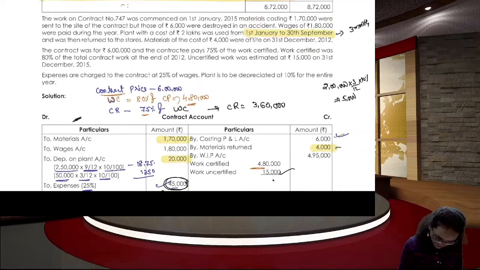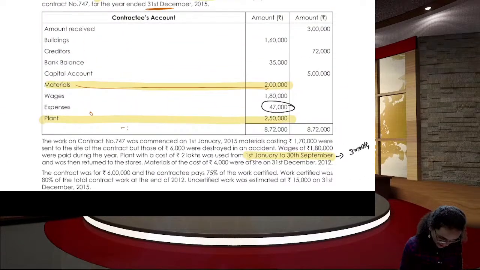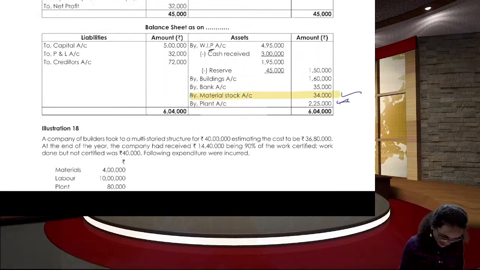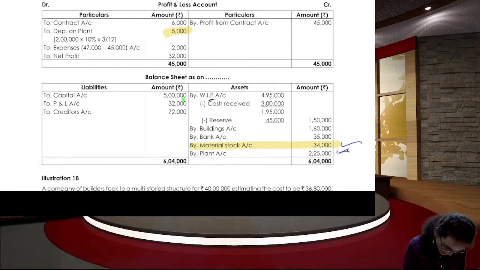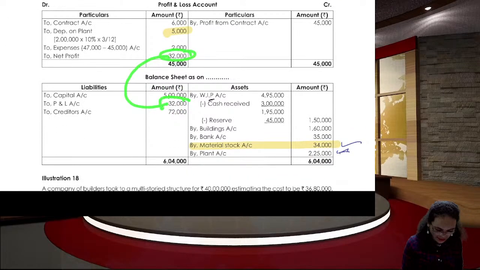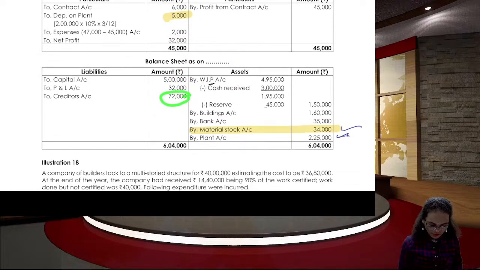Creditors 72,000. So creditors value we got, and this 32,000 is from this P&L, current year, not the opening one. So this is the current year profit, this is the opening capital, and this is the creditors. So the balancing figure will match because we have taken everything into consideration. Guys, are you understanding?